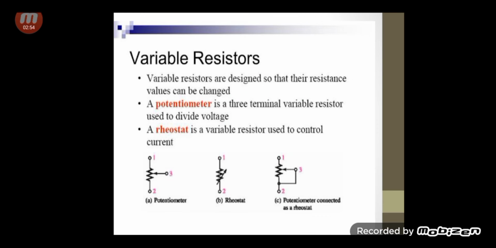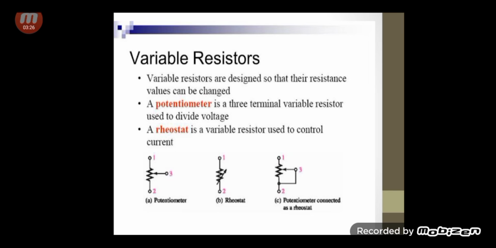Then we have the variable resistor. Variable resistors are designed so that their resistance values can be changed. For example, a potentiometer is a 3-terminal variable resistor used to divide voltage. A rheostat is a variable resistor used to control the current. You have the symbols in front of you. The first symbol is for the potentiometer. The second symbol is for the rheostat, that is the variable resistor.